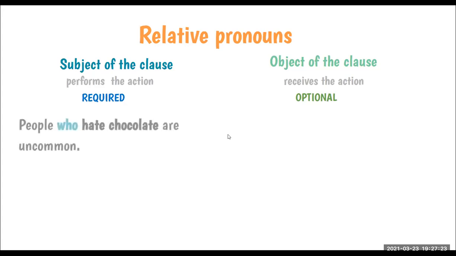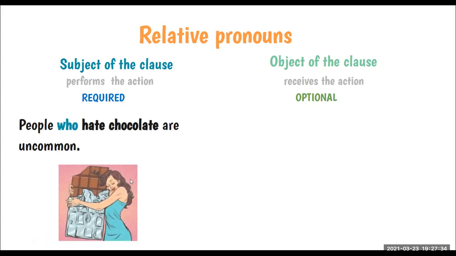I'm going to give you some examples here. For example, people who hate chocolate are uncommon, okay? As you can see, in this sentence, who, the relative pronoun, is the subject of the clause. Why? Because these people are the ones doing the action, performing the action.